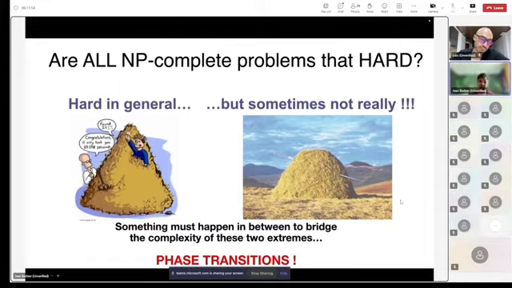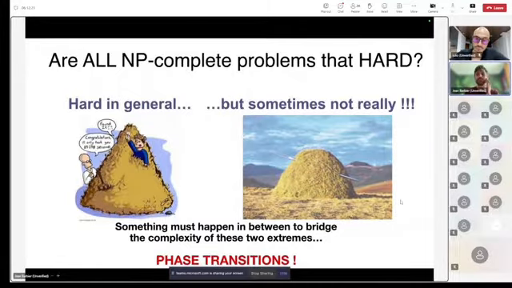What statistical physics wants to understand is basically to define an ensemble of instances for a given problem, an ensemble of graphs, and try to understand for realizations of these random graphs whether problems are hard or not.